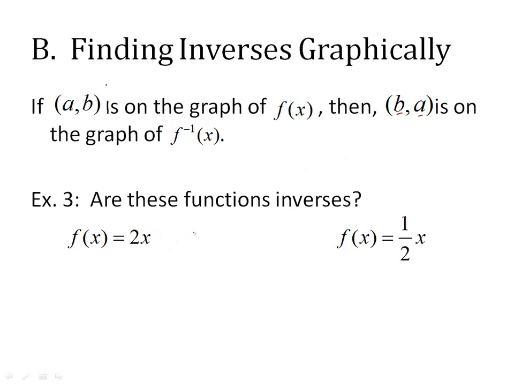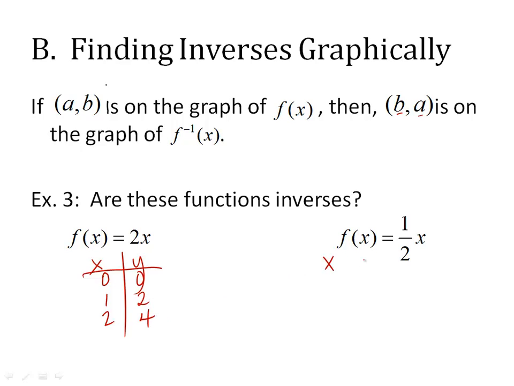Are these functions inverses? So the way to do it is to create xy tables for each one and compare the results. So for this, I'm just going to make it easy, 0, 1, 2, 3 for my x's. Plugging these in, put a 0 in for that, I get a 0. 2 times 1 is 2, 2 times 2 is 4.